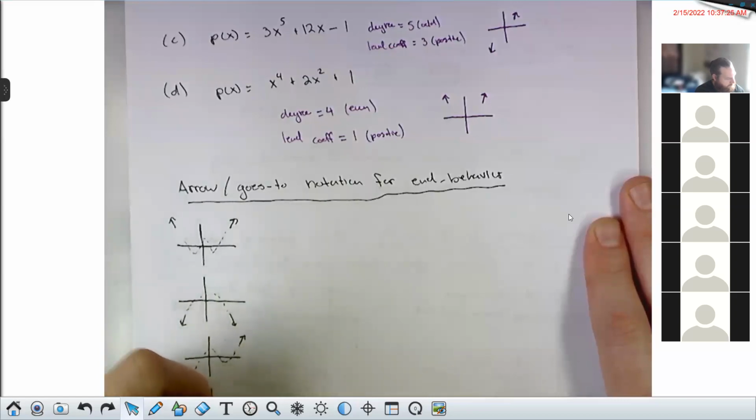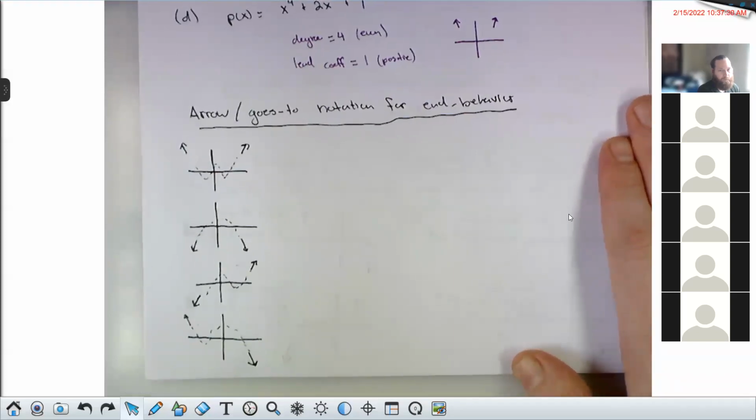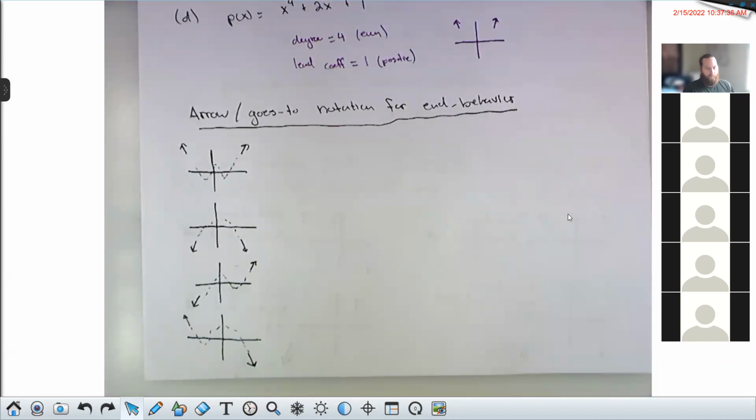Down. What we're going to do in each of these cases is say as x goes to positive infinity, y goes somewhere. And as x goes to negative infinity, y goes somewhere.